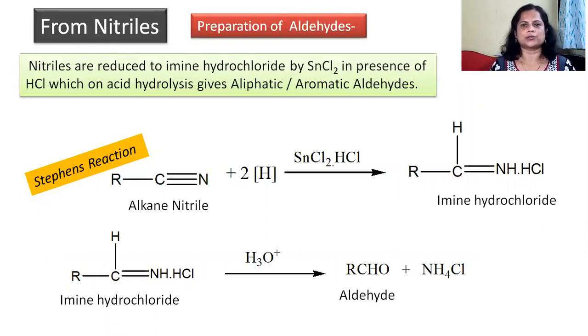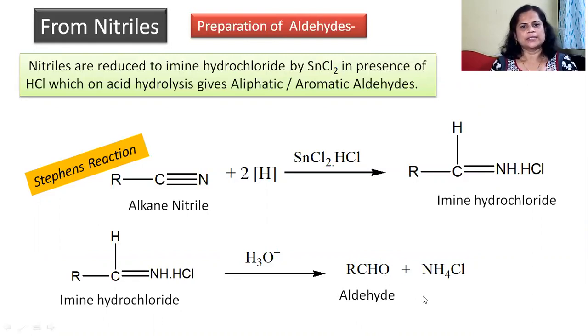The imine hydrochloride further undergoes acid hydrolysis and formation of aldehyde takes place. From the C double bond NH·HCl, NH is removed in the form of NH4Cl and C double bond O is formed in the product, and we get aldehydes as a product.